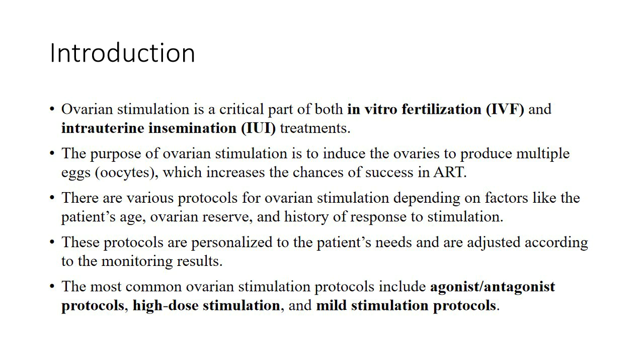Trigger final follicular maturation with HCG or GnRH agonists. For IUI, stimulate 1 to 3 follicles to enhance chances of fertilization while minimizing the risk of multiple pregnancies. Support natural ovulation or trigger ovulation with HCG.